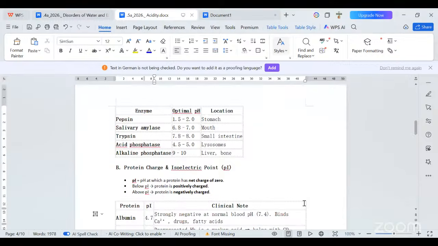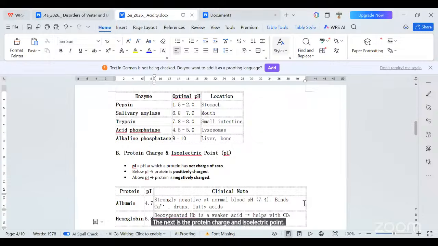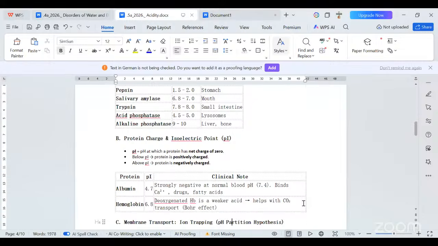The next is the protein charge and isoelectric point. Isoelectric point, which is termed Pi, is the pH at which a protein has a net charge of 0. Below Pi, protein is positively charged. Above Pi, protein is negatively charged.